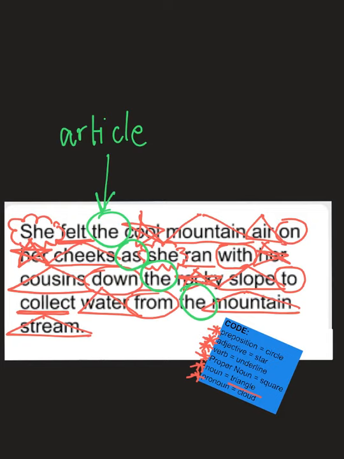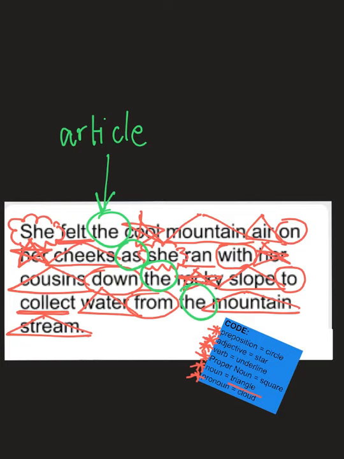And this is a word that introduces the noun. So here we have the introducing the mountain air, the introducing the rocky slope, and the introducing the mountain stream.